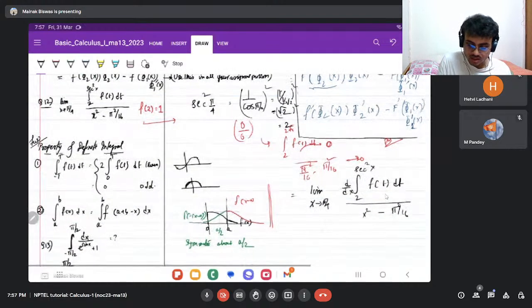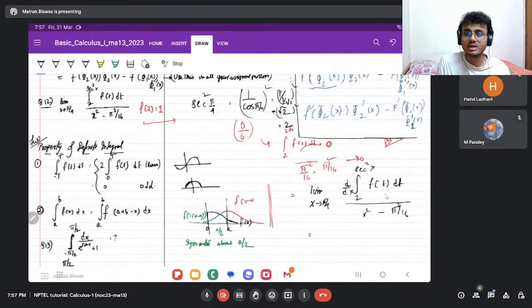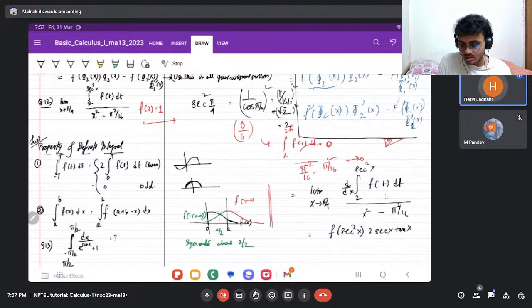So tell me, what is the differentiation of the numerator? Sir, the numerator is f(sec square x) into 2 sec x tan x, and the denominator is 2x. Are you right? Sec x derivative is sec x tan x, right? So we will have a sec square x. Yes, sir, sec square x.